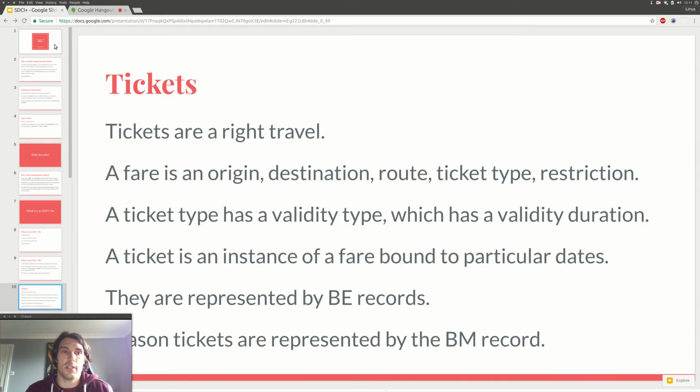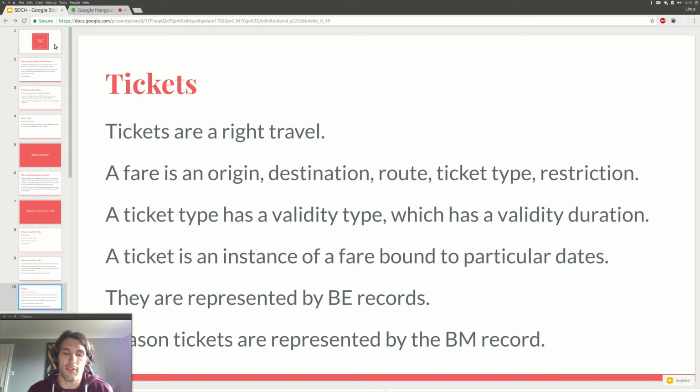And if we say that a fare is the origin, destination, route, ticket type and restriction, then the result of that obviously has a price, but the ticket type also has something called the validity type, which has a duration. So it might be a day, it might be 30 days, it might be a year if it's a season ticket. Now, the difference between a fare and a ticket in this case is that a ticket is really an instance of a fare that is bound to a particular date range.